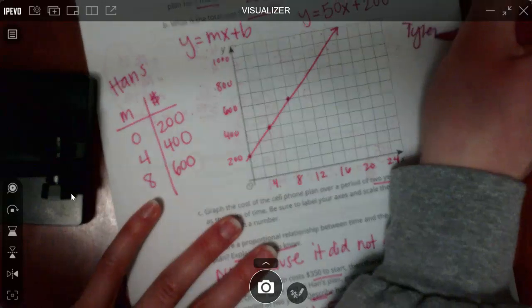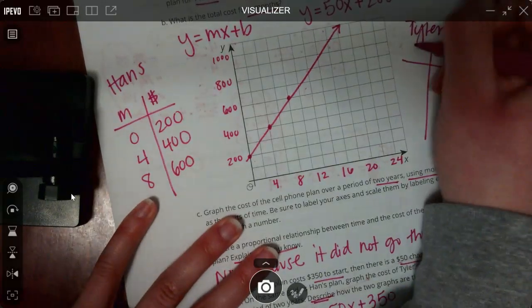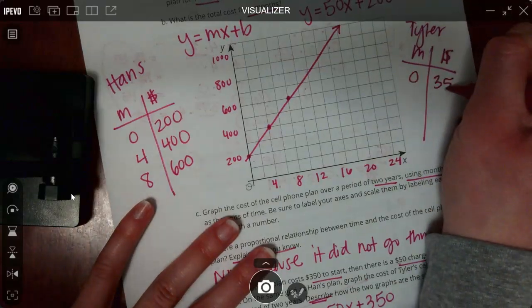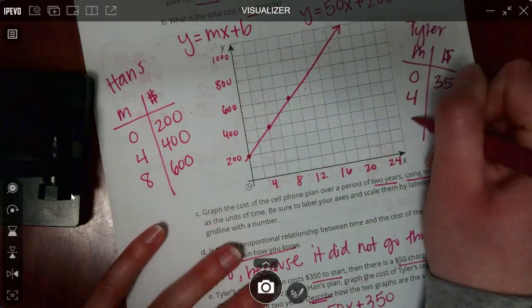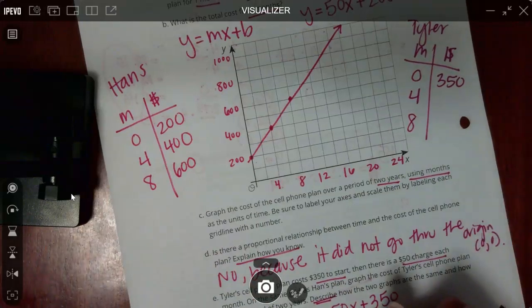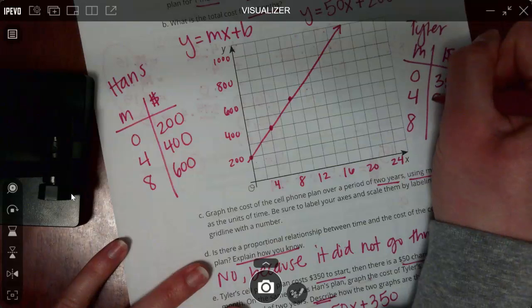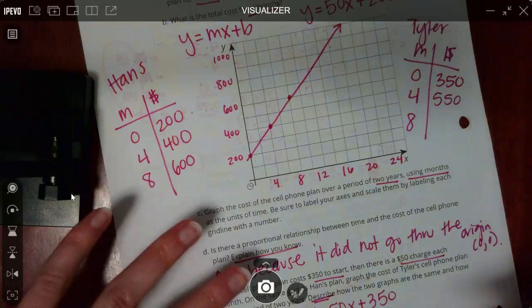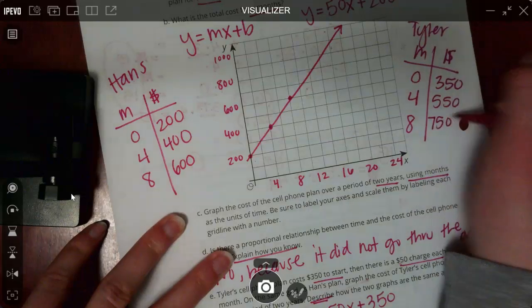Here's Tyler, just so I know my points. Month, money. Start with 0. I know that that's 350 for him. I'm going to pick the same points. So if I've got 4, okay, 4 times 50 this time is going to be still 200, but now plus 350. So this is 550. Okay, then I've got 8. All right, well for 8 times 50, again is 400, but now I've got plus 350, so that's 750.